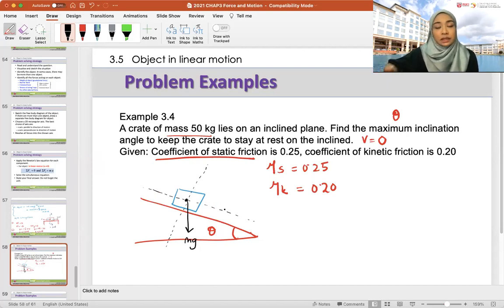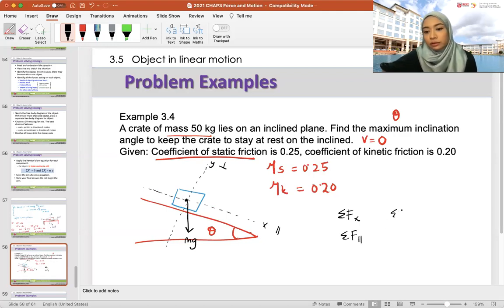So it's easier if we label our x-axis here and our y-axis here, or you can call it parallel and perpendicular. Either is fine. Later when you write the equation, you can write it as Fx or F parallel, and for your y, Fy or, if you like, perpendicular. It means the same thing.